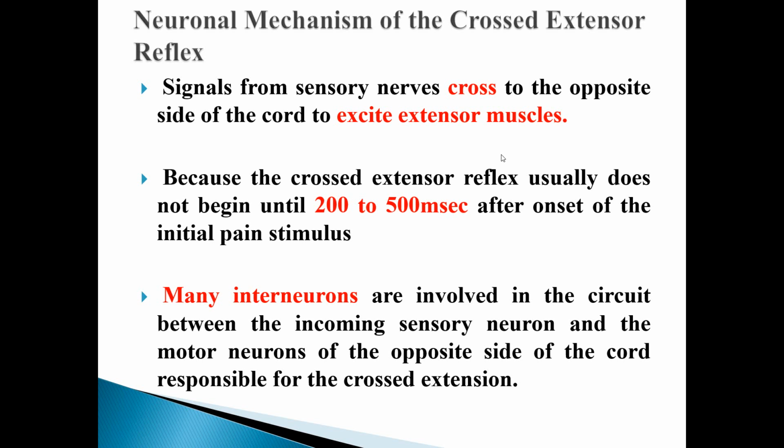Why? Because the crossed extensor reflex usually does not begin until 200 to 500 milliseconds after onset of the initial pain stimulus. Many interneurons are involved in the circuit between the incoming sensory neuron and the motor neurons of the opposite side of the cord responsible for the crossed extension.